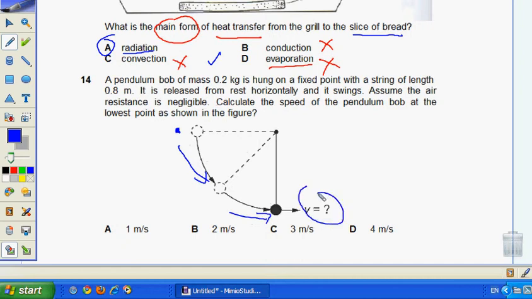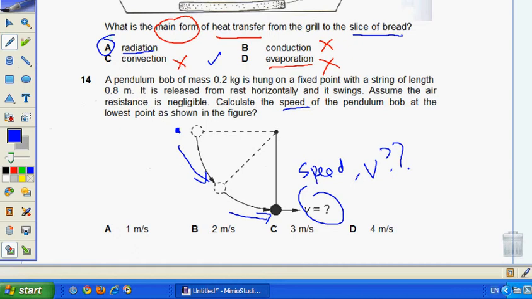So the question is asking for the speed, which is the symbol V. In this case, you cannot use the formula for acceleration because there's no acceleration given. You are not given the distance. The distance moved is this circular distance, and it is not even given to you. So the best way to solve this question is to recall the topic of conservation of energy.